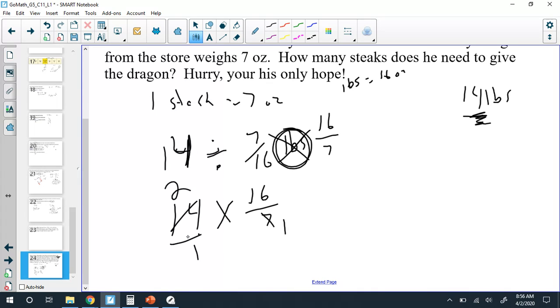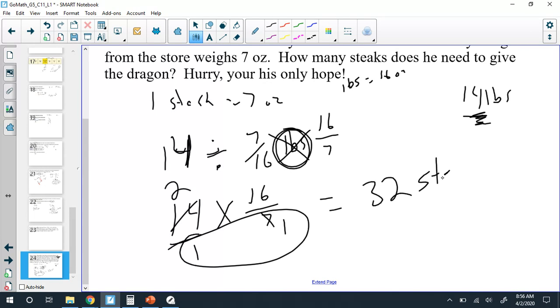So now I'm ending up with just ones on the bottom. So I eliminate my fraction and I just get 2 times 16, which equals 32. So that means that our friend Billy needs to feed his Komodo dragon 32 steaks. Hopefully you figured that one out in time to save Billy from his pet.